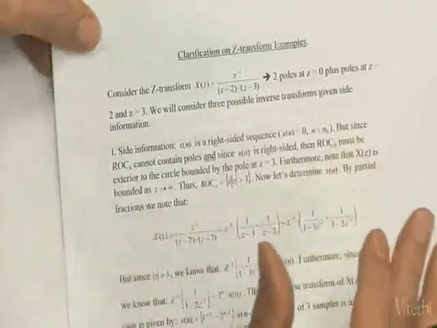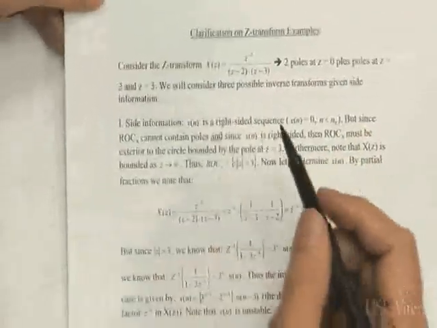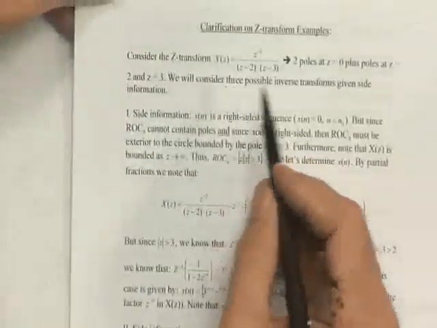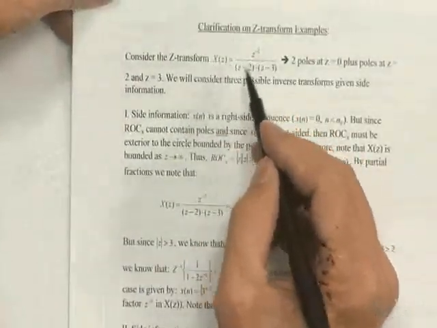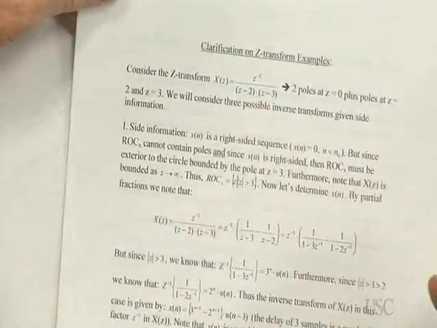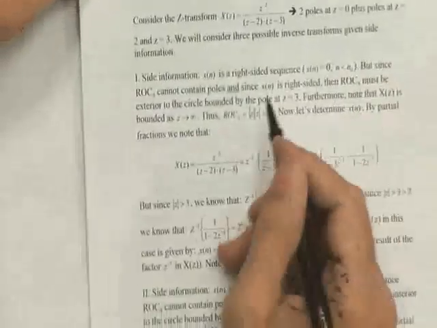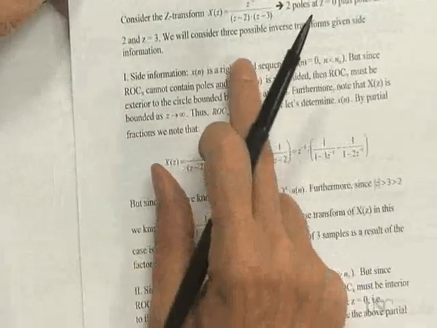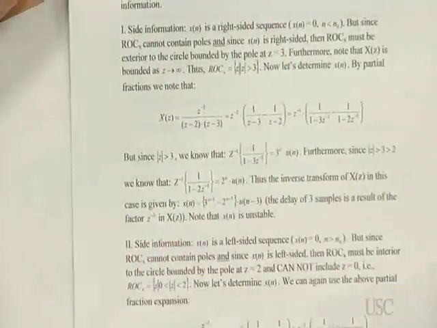If you read the clarification, it derives those inverse Z transforms from this one Z transform, X of z equals z to the minus 2 divided by (z minus 2) times (z minus 3), and I derive the inverse Z transform under all those conditions: x of n is right-sided, x of n is left-sided, or x of n is double-sided. So you should go through that. That fills in all of the blanks, dots the i's and crosses the t's.